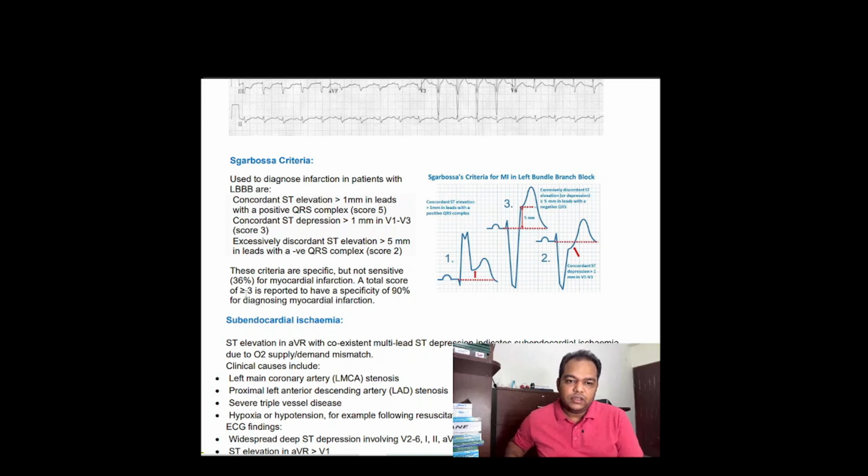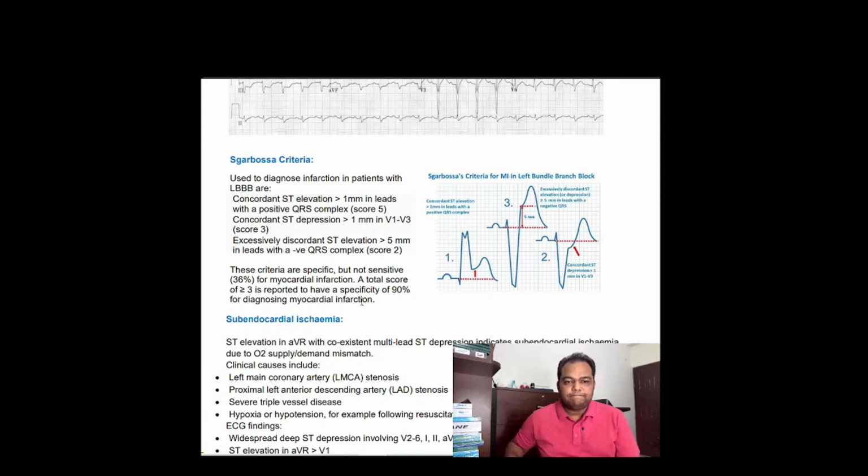When there are 3 or more points, it is specific for diagnosis of myocardial infarction, and we can send the patient to cath lab for PCI, or we can thrombolize the patient.